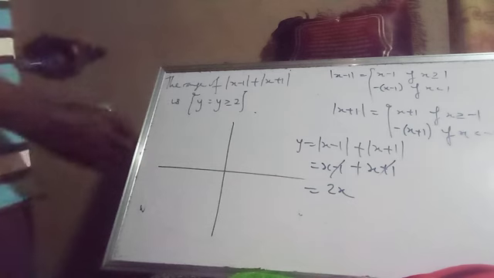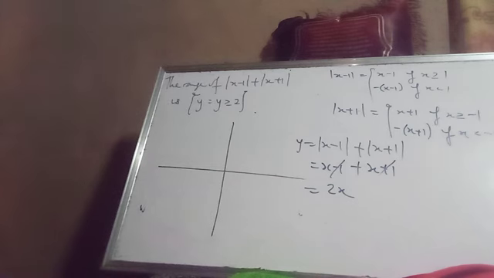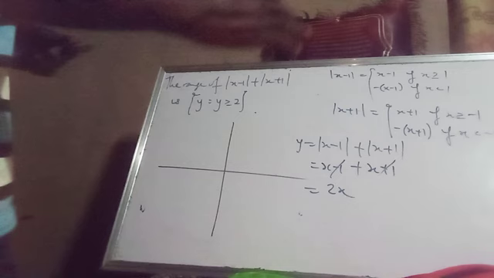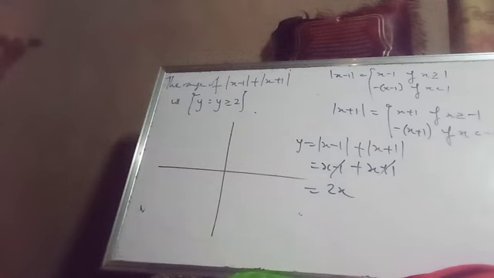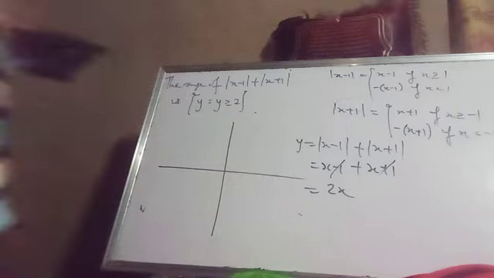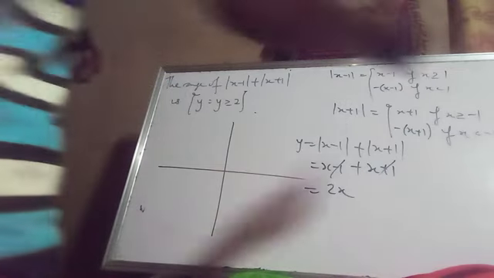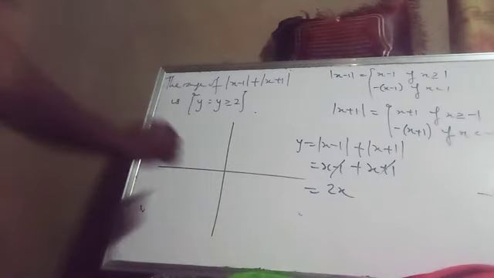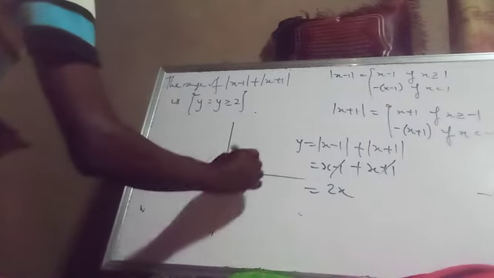Now, what are the values of x within the graph? If you look at the values of the graph given to you, you see that our x has 2 main values. It has a negative 1, it has a positive 1. So we can sketch like this. Minus 1 will be here, 1 will be here.